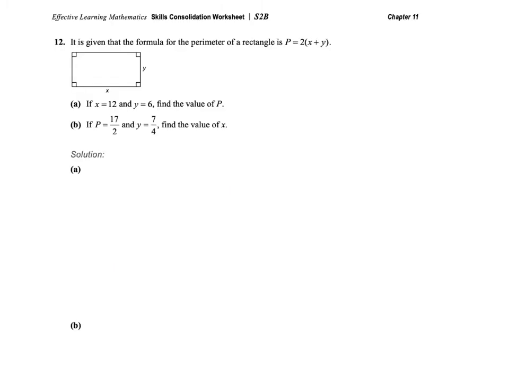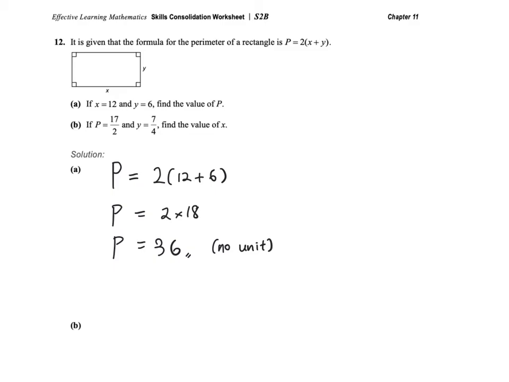Okay, for this one, now you know that P equals to 2 times 12 plus 6. So P equals to 2 times 18. So P equals to 36. Okay, here no true net is given. Okay, and then this time if you have P equals to 17 over 2 equals to 2 times x plus 7 over 4.